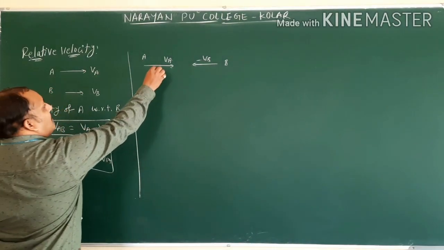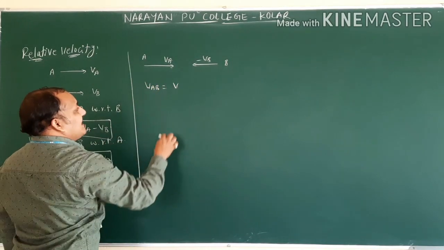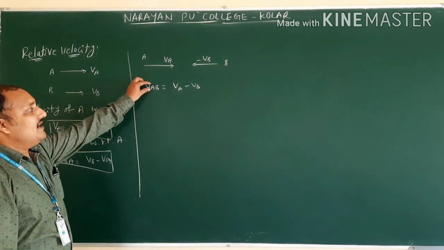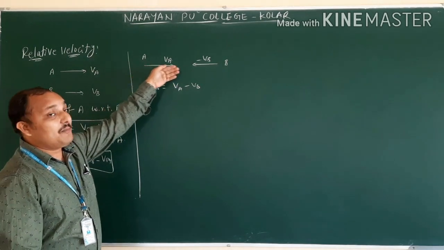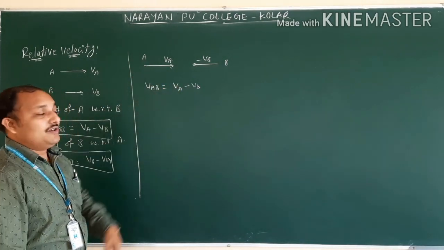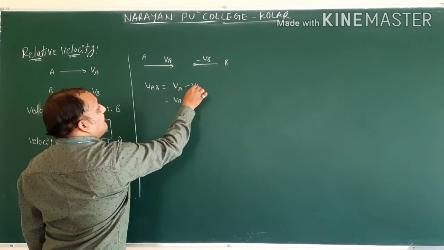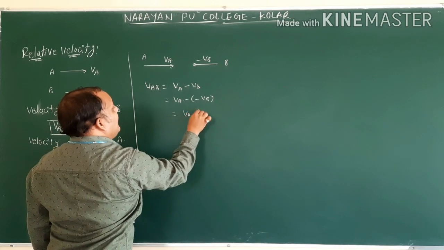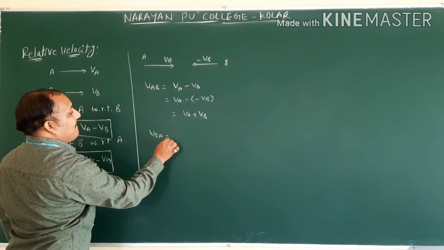Now, what is the general formula? VAB equals VA minus VB, the velocity of A with respect to B. If both are moving in opposite directions, how does this formula become? VA is VA only, and minus of minus VB is plus VB, so you get VA plus VB. How do we write VBA?